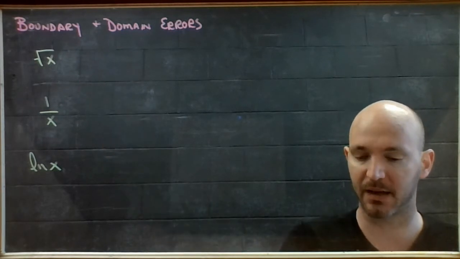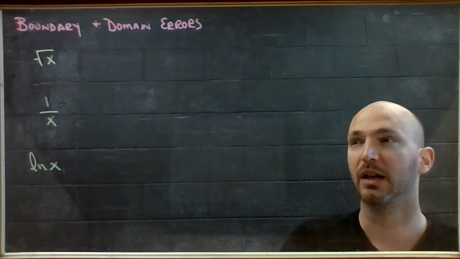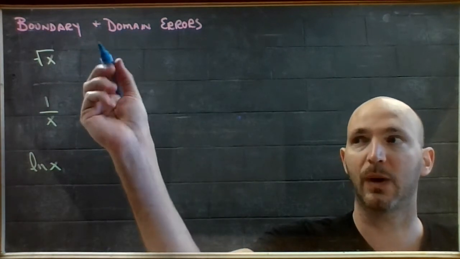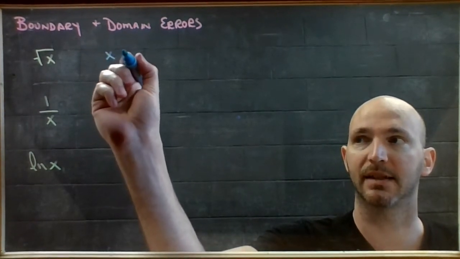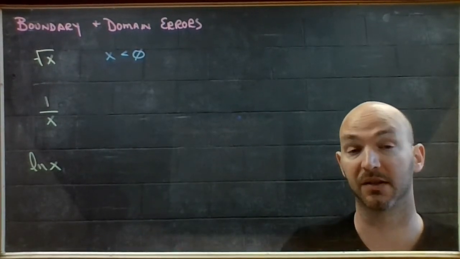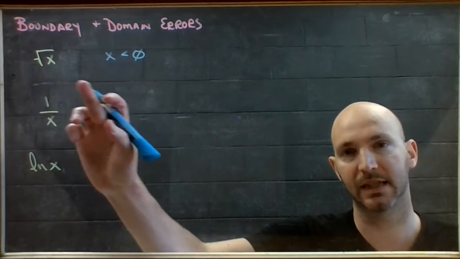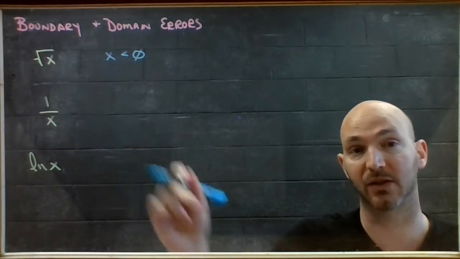So for example, the square root, or the radical family in general, doesn't work if you have any x less than 0. 0 is okay, because the square root of 0 is 0. That one has an answer. But anything less than that, any of the negative numbers, can't go in there.